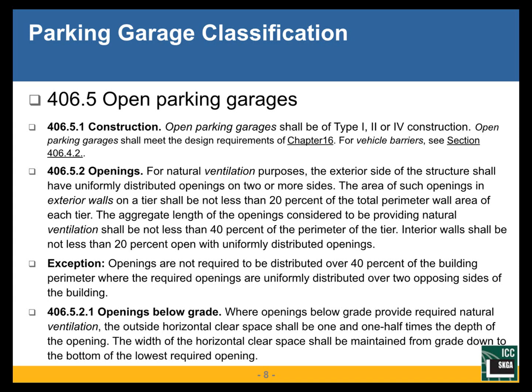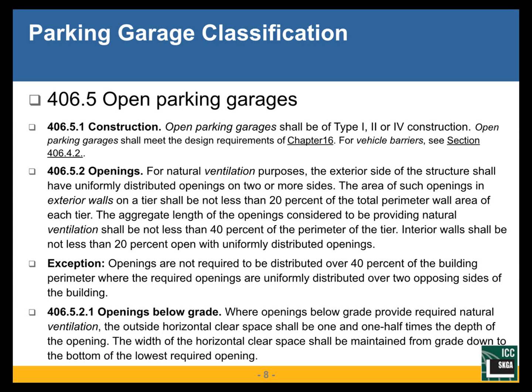Open parking garages are open for ventilation, and 406.5.2 covers the ventilation purposes, essentially saying 20% open of the perimeter at each tier. The aggregate length of openings considered to be providing natural ventilation is not less than 40% of the perimeter of a tier.